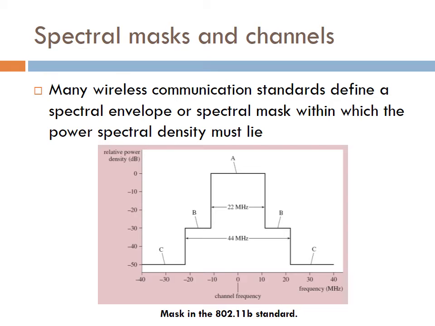Let's see the notion of spectral mask or spectral envelope. Many wireless communication standards define a spectral envelope or spectral mask within which the power spectral density must lie. Take the case of the spectral mask of the 802.11b standard. It has the following form. Of course, it could have another form for another standard.